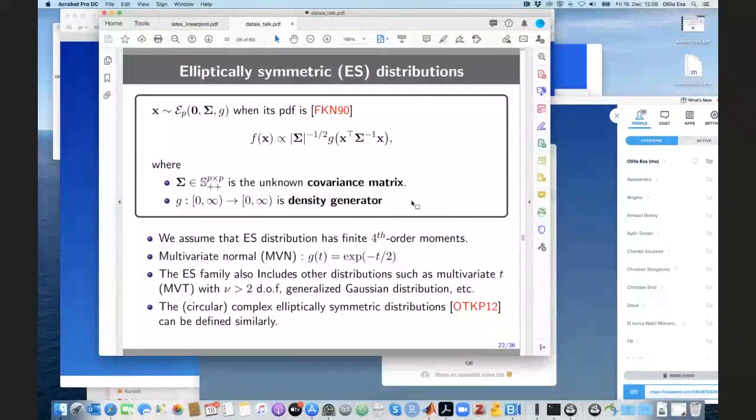But if you take some different density generator, you can have a multivariate t distribution, a generalized Gaussian distribution, and so on. So this class is general, and it contains most distributions that are commonly used in multivariate analysis. And if you have complex observations, then you also have an analog called the complex elliptically symmetric distribution, which has a very similar form as shown here.